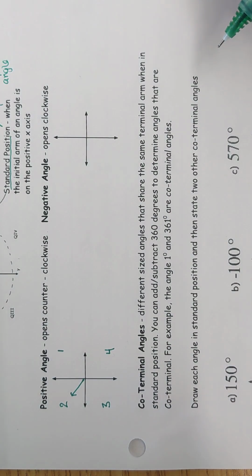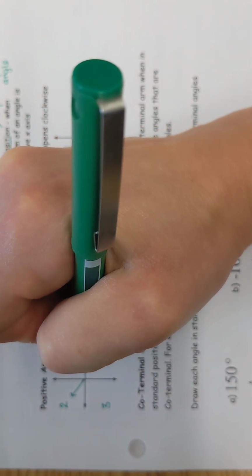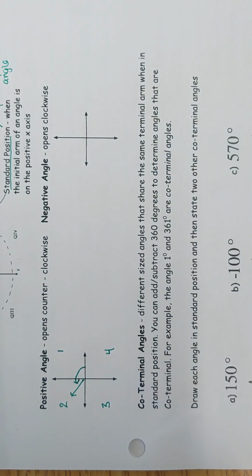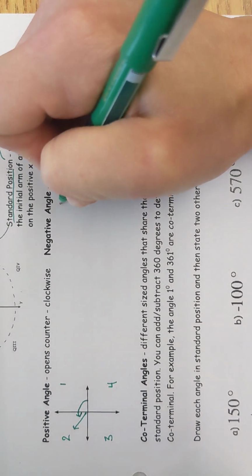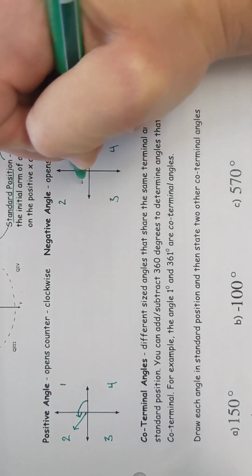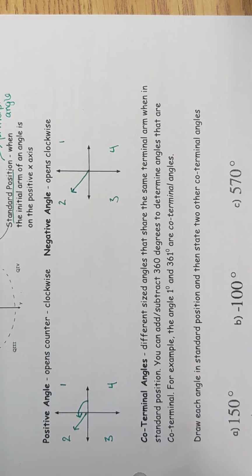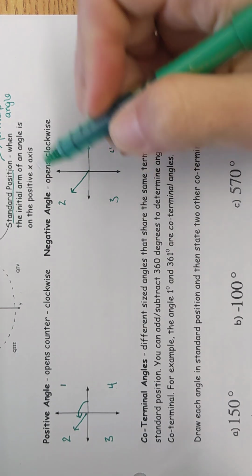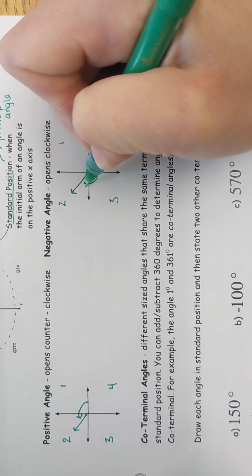A positive angle opens in numerical order. It goes from 1 to 2. That's a positive angle. A negative angle, on the other hand, can still be in the exact same spot, except it's going to open clockwise. So it's actually going to start in 4 and work its way around to the angle.